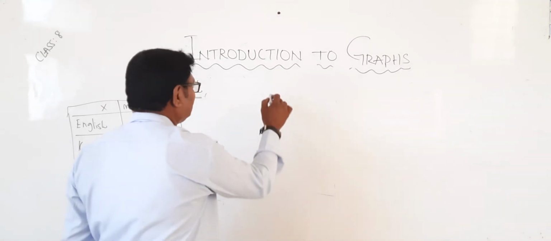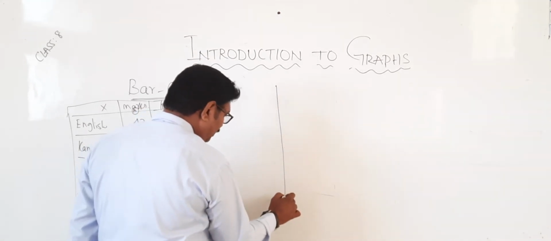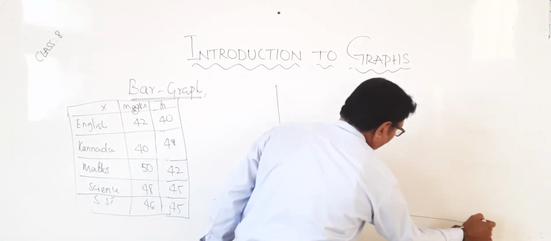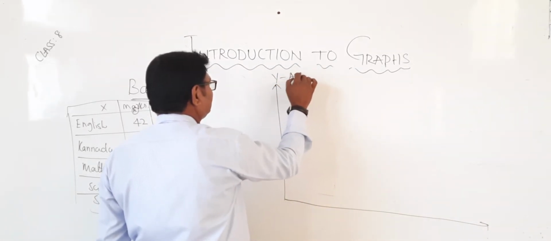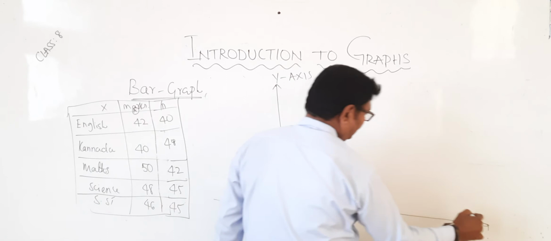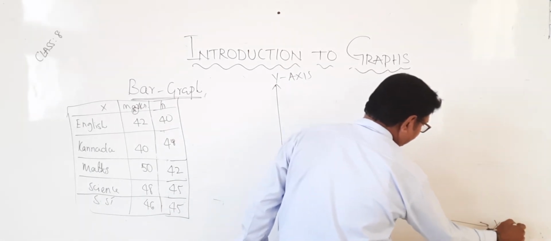Why do we use a double bar graph? To compare. Okay? Same thing only. Y-axis, and here it is the x-axis.